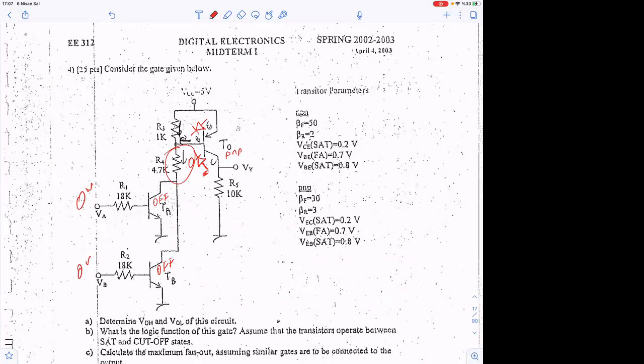Probably both of them are going to be off, because there is no way for the current to go in this direction, because this side is connected to VCC. So probably both junctions are off, because this is also reverse biased, right? Current cannot go this direction. Current cannot go this direction.